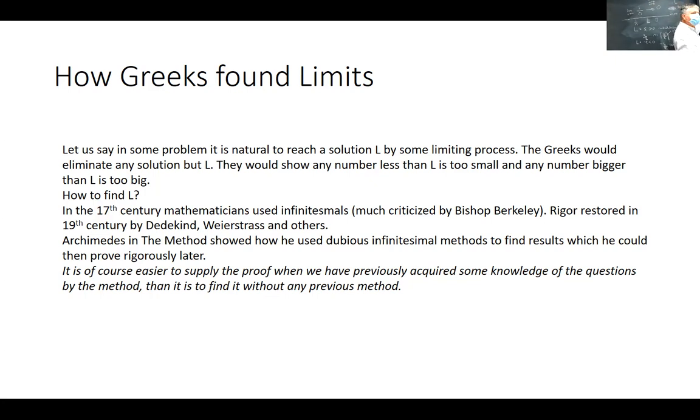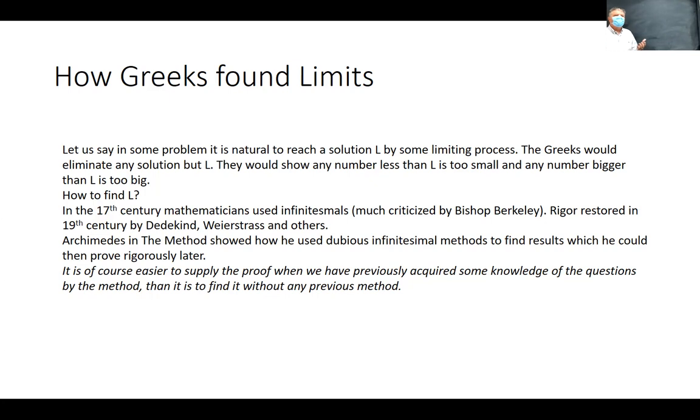In the 17th century, which is kind of after the period that we're interested in, mathematicians took up the use of infinitesimals, which is something which is infinitely small, right? So, for example, this is a good 17th century argument.